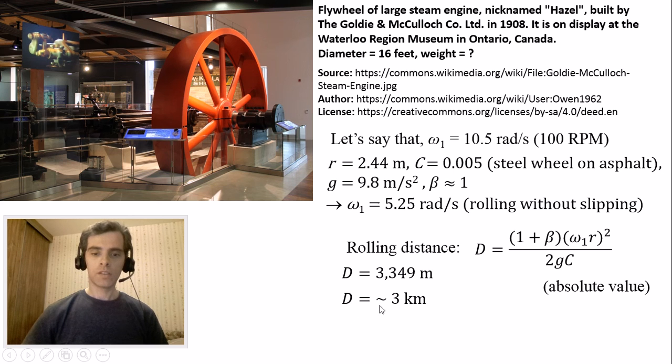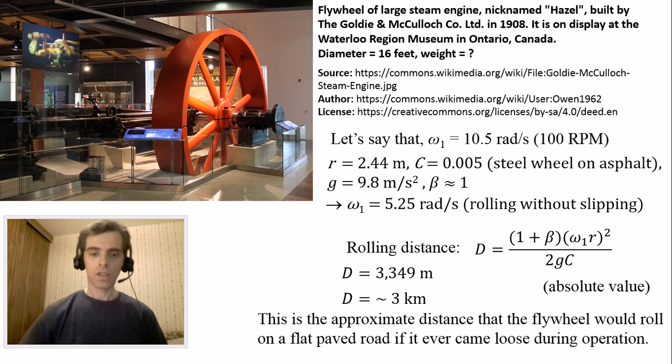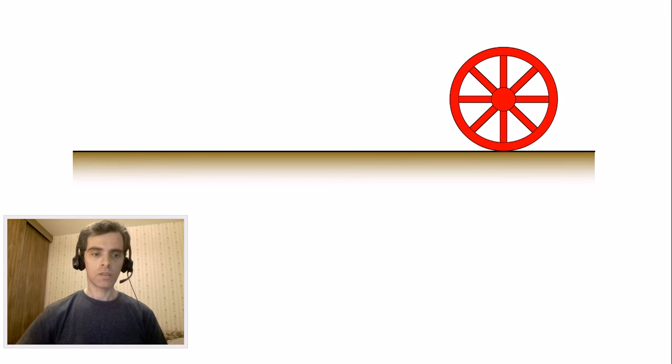So the rolling distance d is approximately equal to 3 kilometers. So it rolls quite a long distance. So this is the approximate distance that the flywheel would roll on a flat paved road if it ever came loose during operation. So now I'm going to show you a basic animation showing what would happen.